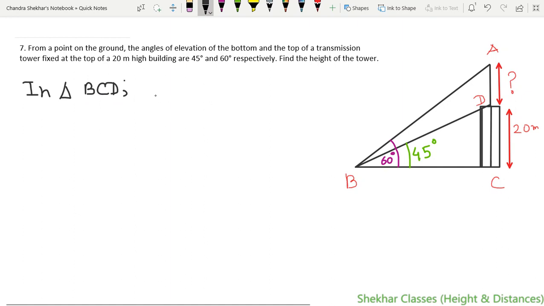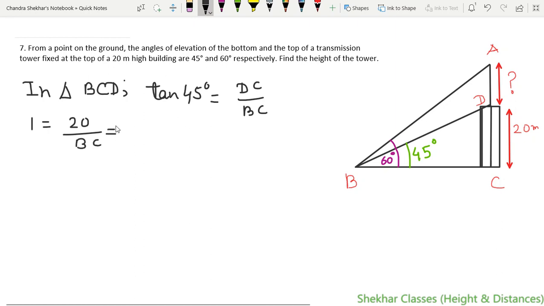We have got tan 45 degree is equal to DC as a perpendicular and BC is the base. So I will write here tan 45 is 1 is equal to DC, which is 20 meter upon BC.